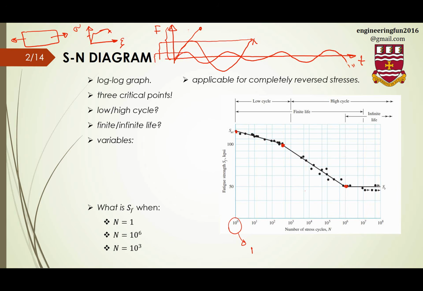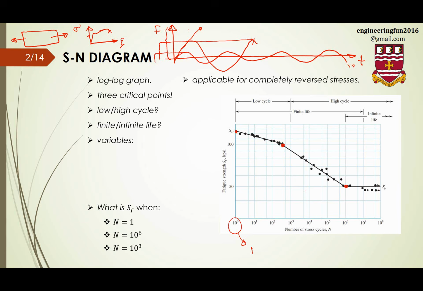For example, for this type of material, SF here is around 50. So if this stress is around 20 kpsi, I'm here, and we have an infinite life, so failure won't happen.